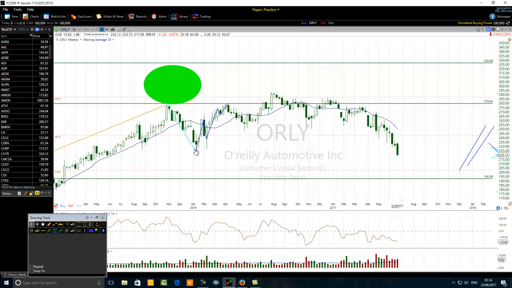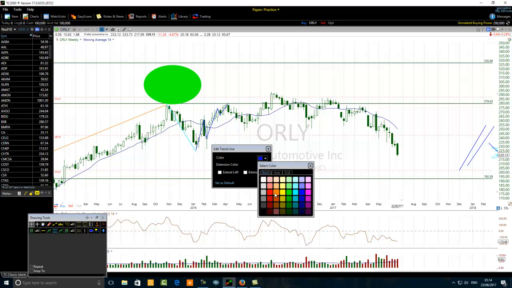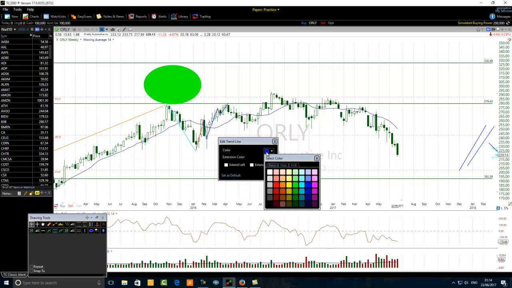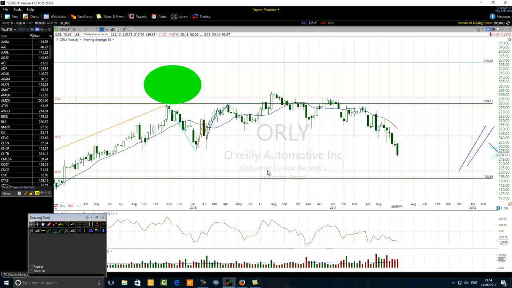So first minor wave of the fifth wave, second minor wave of the fifth wave, third minor wave of the fifth wave, fourth minor wave of the fifth wave, and the fifth minor wave of the fifth wave. We have a truncation because the fifth wave failed to go above the high of the third wave. This is what we call the truncation.